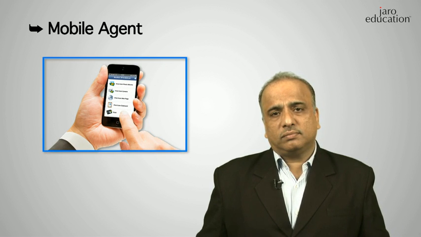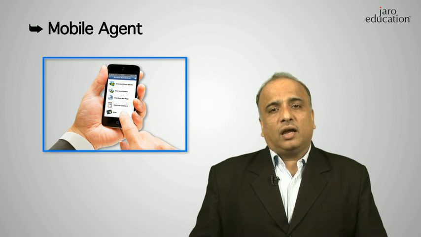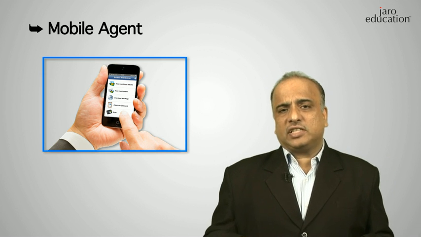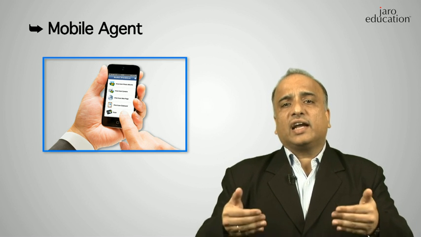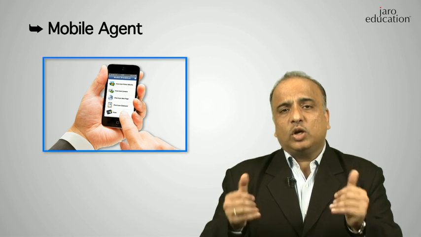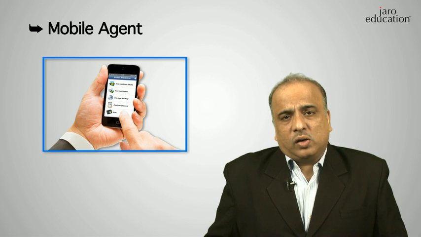So, basically they will lie at the BTS and they will interface with the mobile devices. So, the role of the agent over here was to provide service, the connectivity service, to the mobile handset. We borrow the same principle and concept to provide seamless connectivity and services to the mobile handsets.